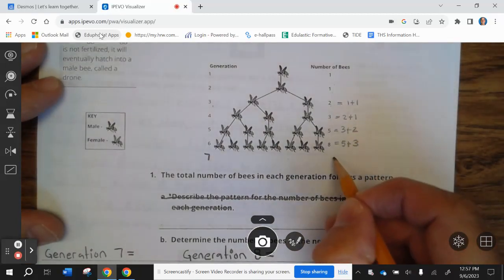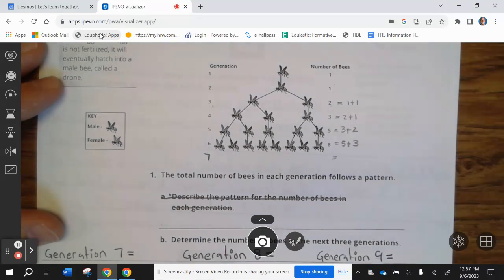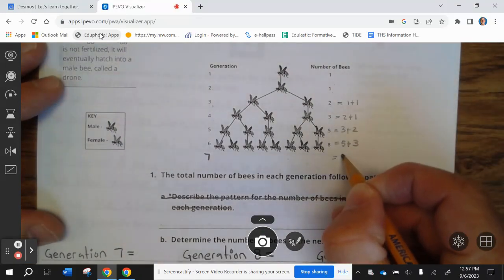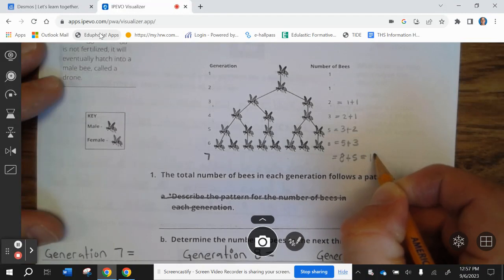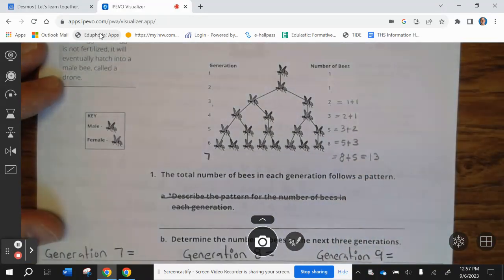So to get 7, we take 8 plus 5, which is 13.